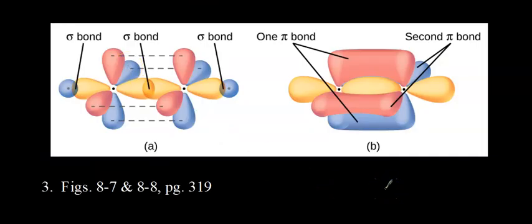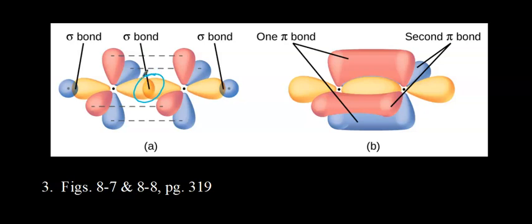We see something similar on page 319. Again, different colors, same idea. So each carbon is sp hybridized. So we see that with the peach colored orbitals. So we have a sigma bond between the 2 carbons, overlapping of their sp hybrid orbitals.